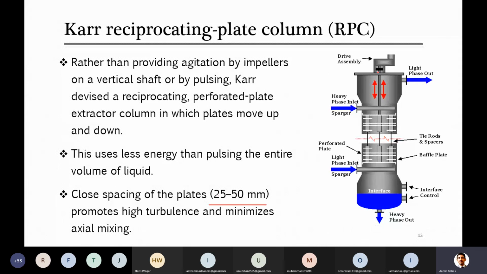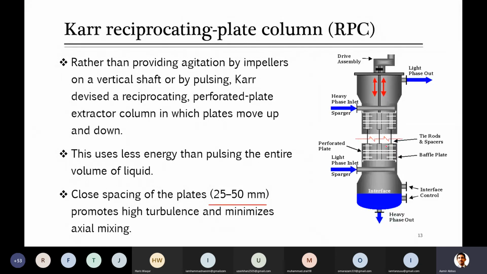of the column. But inside this column, just imagine that you are moving a plate and you put some particles on its surface. If you pull that plate up or down, those particles will just move up.